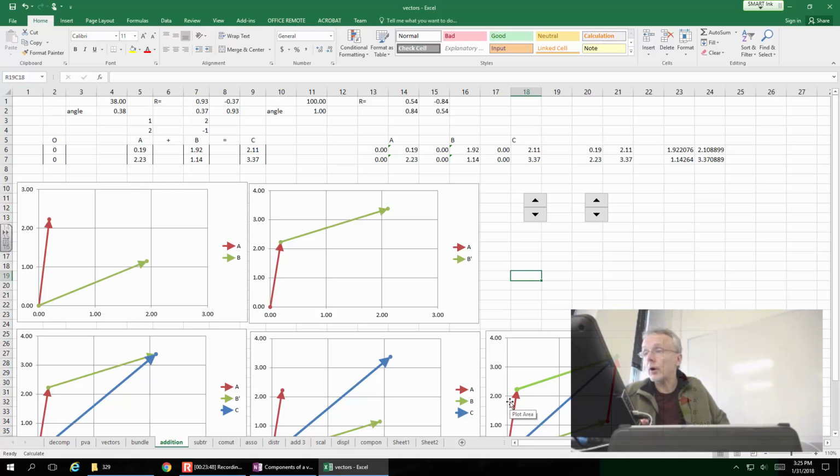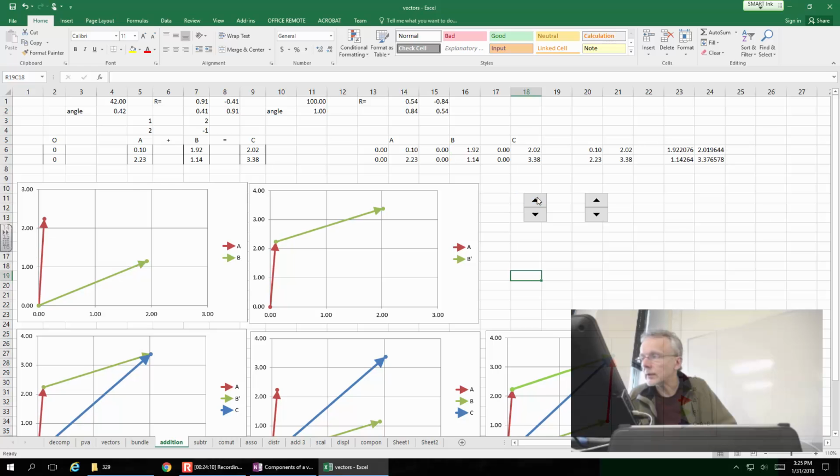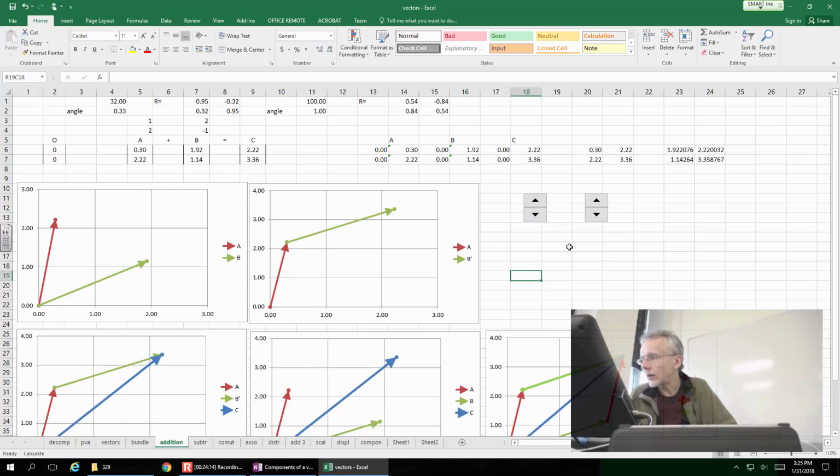I guess they're kind of fractional, but the reason is so I could show you how I can vary these without actually typing anything, so that it would be interesting to see what's happening. Oh yeah, I can rotate it. And you can see how addition changes.